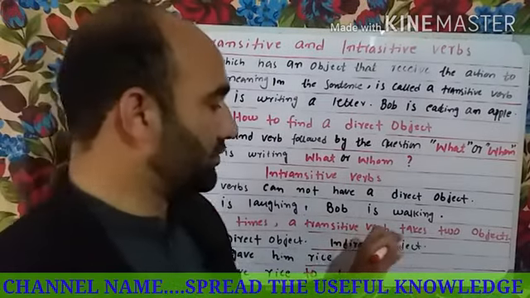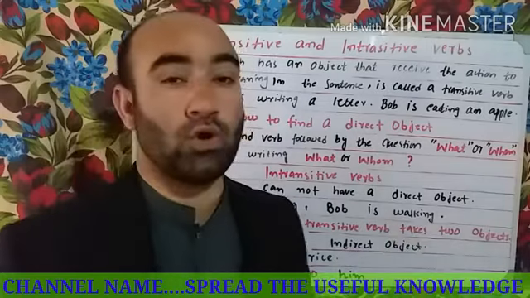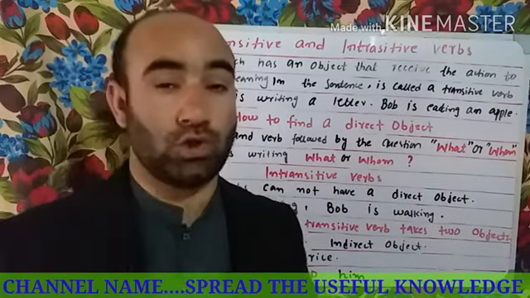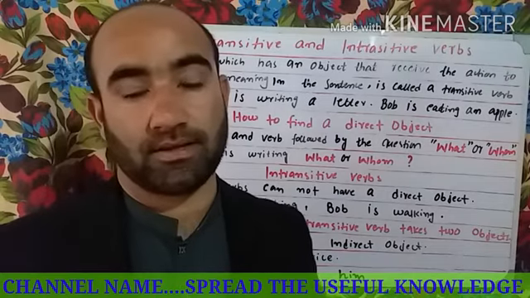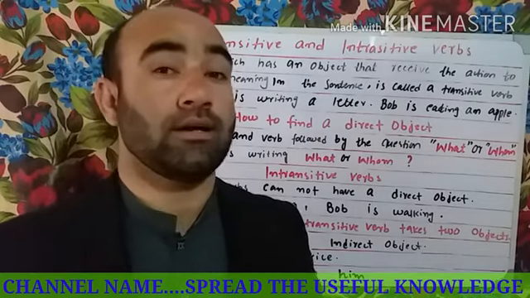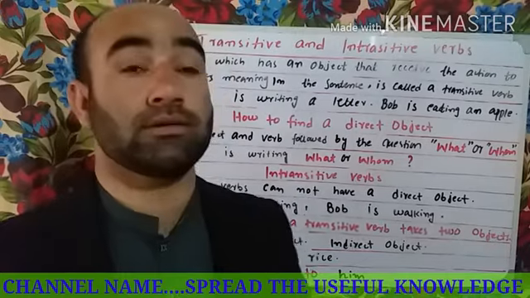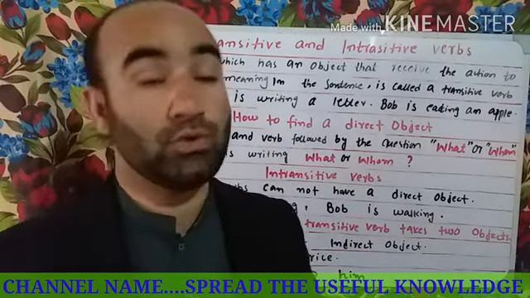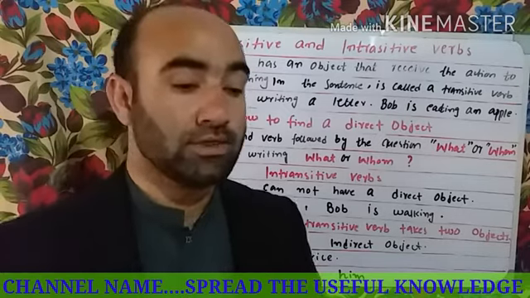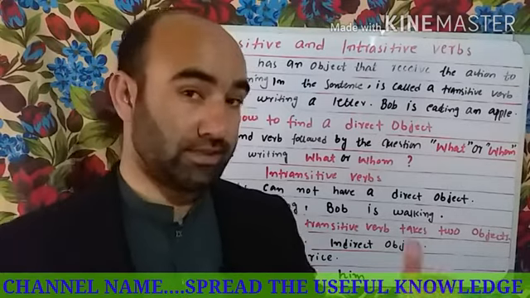Sometimes a transitive verb takes two objects, and that is called a ditransitive verb. Two objects will be available there, so it means they are ditransitive verbs.